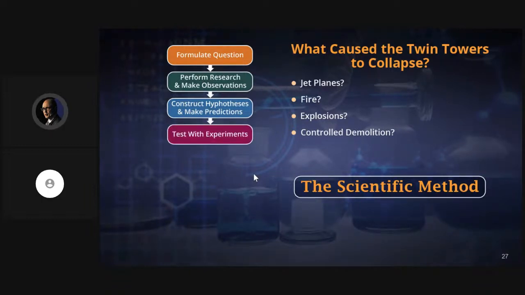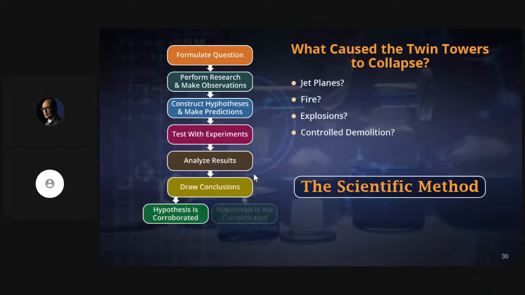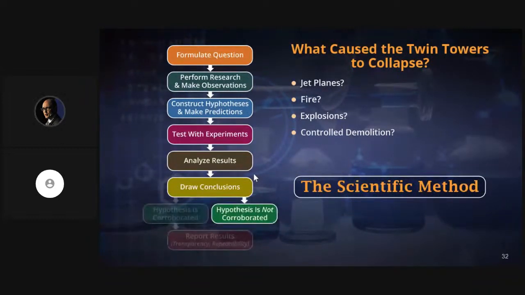We test those hypotheses with experiments, analyze the results, draw conclusions. If the hypothesis is corroborated, we report the results in an open, transparent manner, unlike NIST did, as you'll see. And if the hypothesis is not corroborated, we go back and we construct a new one. That's what we're doing today.